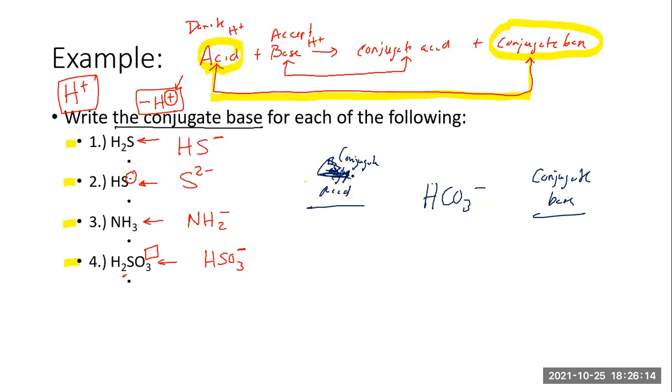All right, so take a moment or two, and starting with this guy in the middle, write the conjugate acid, and then write what the conjugate base would be. So we'll go this way first.